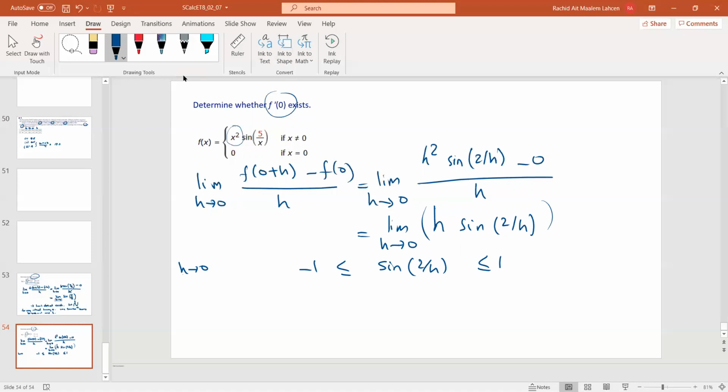So when we multiply this inequality, we have to multiply it by a positive value, which means let's use the absolute value of h as a way of saying this inequality is not going to reverse, and so -1 times the absolute value of h and 1 times the absolute value of h. So let's just look at it that way for a second.